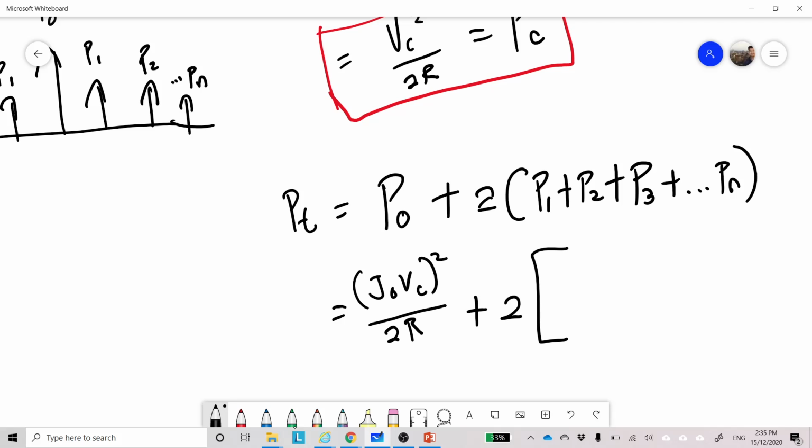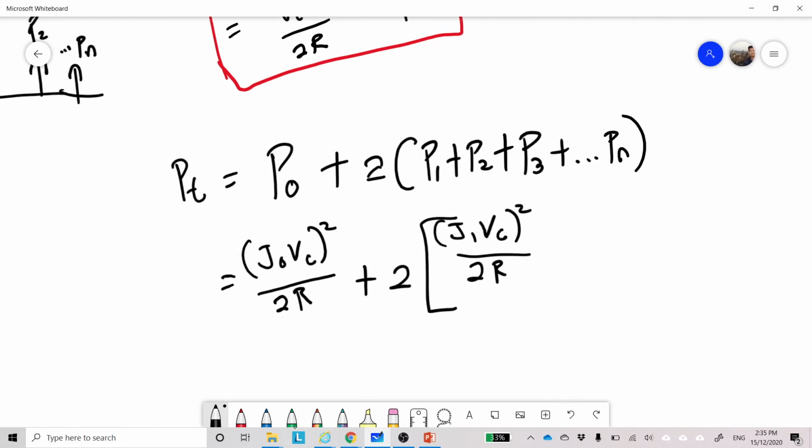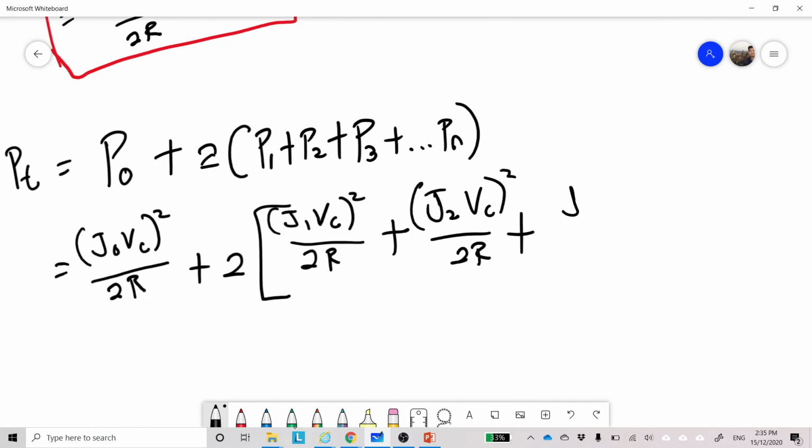Okay, so this is J1 VC square dibahagikan dengan 2R, and plus J2 VC square dibahagikan dengan 2R plus J3 VC square bahagikan dengan 2R.